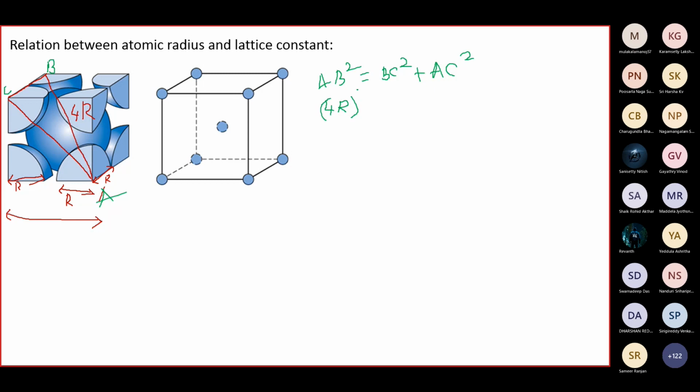What is BC square? A square. What is AC square?